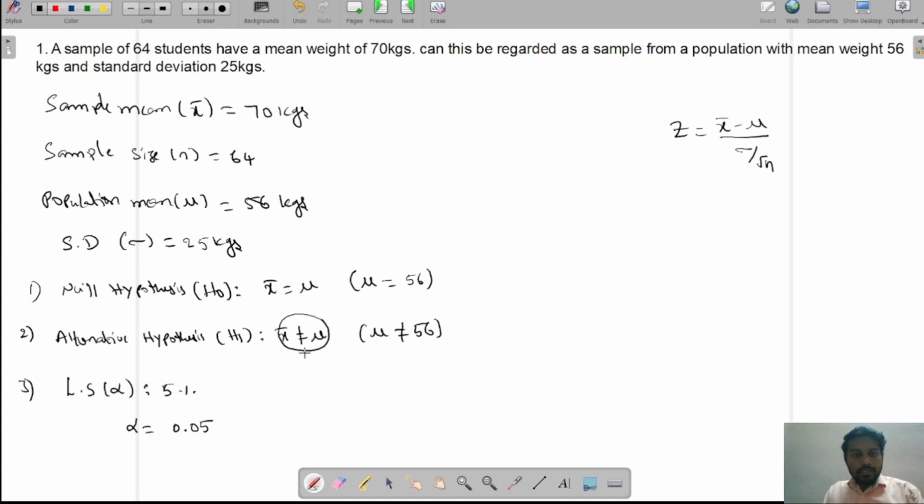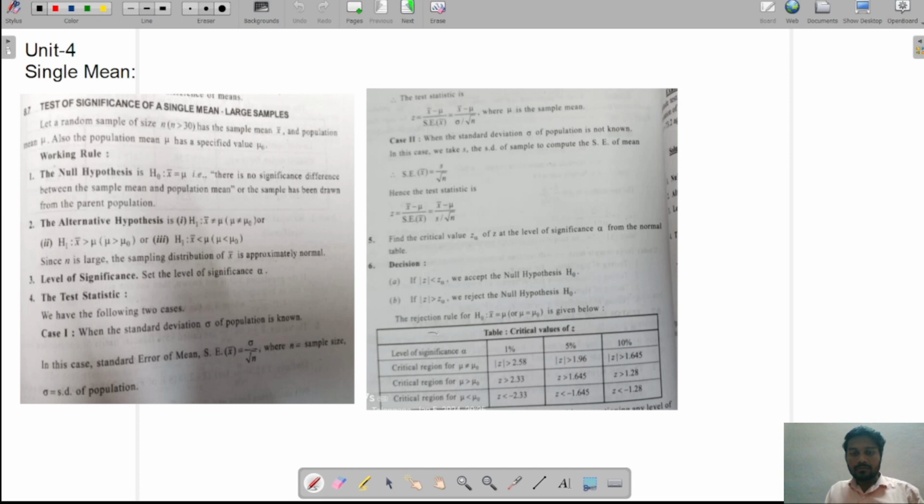So here, when a critical region not equal, see, now this is the value of alpha 0.05. Now we have to write a value of z alpha from this table. For that we are having 1%, 5%, 10%. So three columns we are having, right? So in these three columns, if you observe, one row nu not equal to nu not, and second row nu greater than nu not, and third row nu less than nu not. So my question is here, in alternative hypothesis, what did you take?